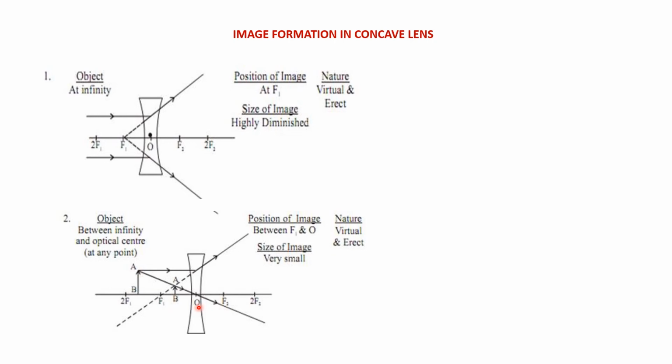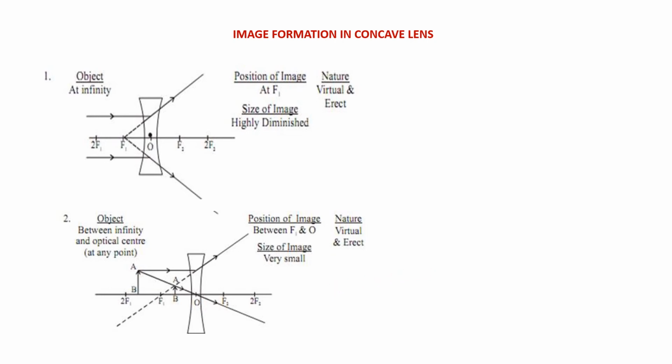Now if you see the image, this image is on the same side of the object, and the image is diminished, virtual, erect, and between F1 and O. So this is all about concave and convex lenses and their image formation.